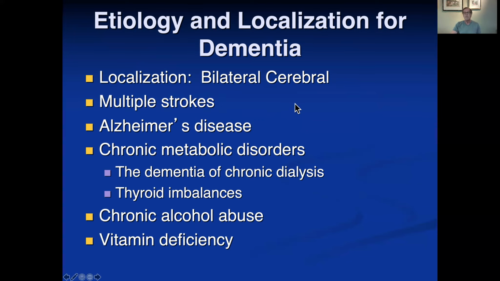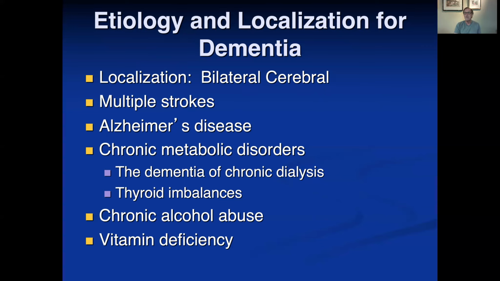Multiple strokes. You can have strokes on one side, then the other side, and you end up with dementia. Alzheimer's disease is really the most common one. Chronic metabolic disorders, for example, thyroid imbalances that are uncorrected.